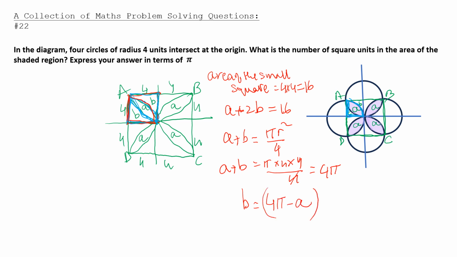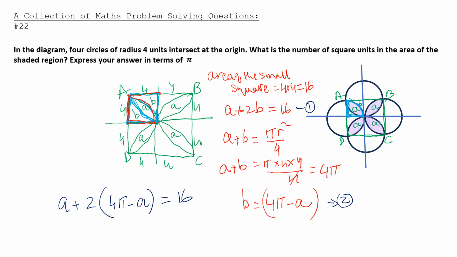If I call this equation 1, and this 2, then substituting the value of B from 2 and putting it in 1, I will get A plus 2B, so twice of 4 pi minus A equals 16.